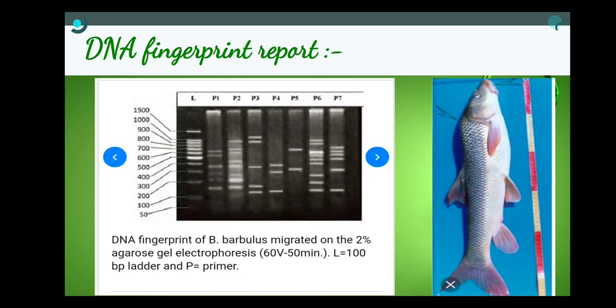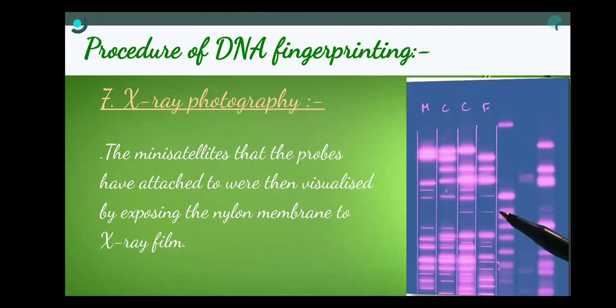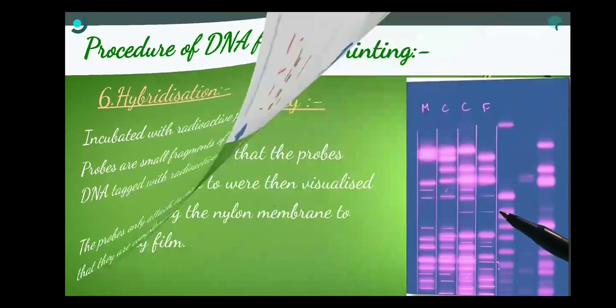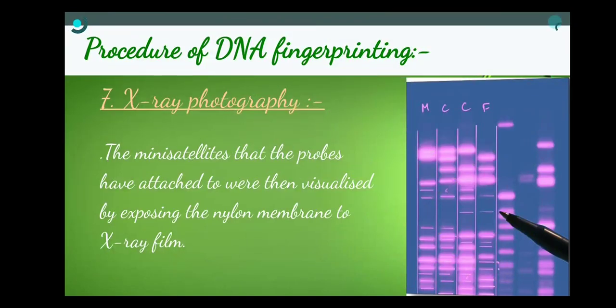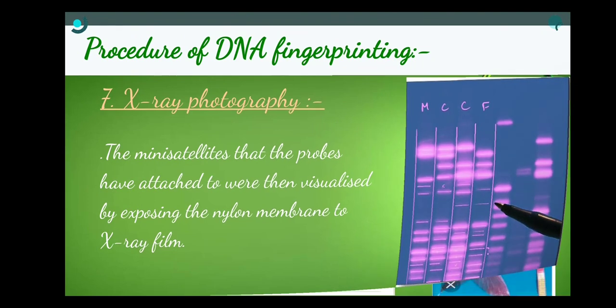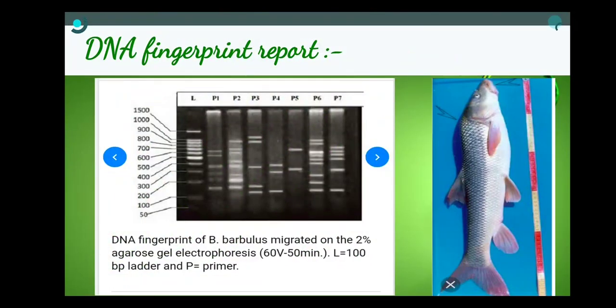If their bands are at the same position, as in the diagram, we can identify whether he is the actual father or not. So this is one kind of application.